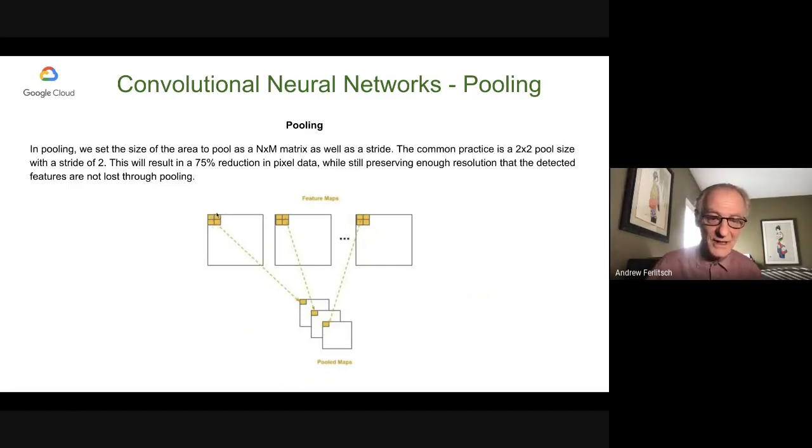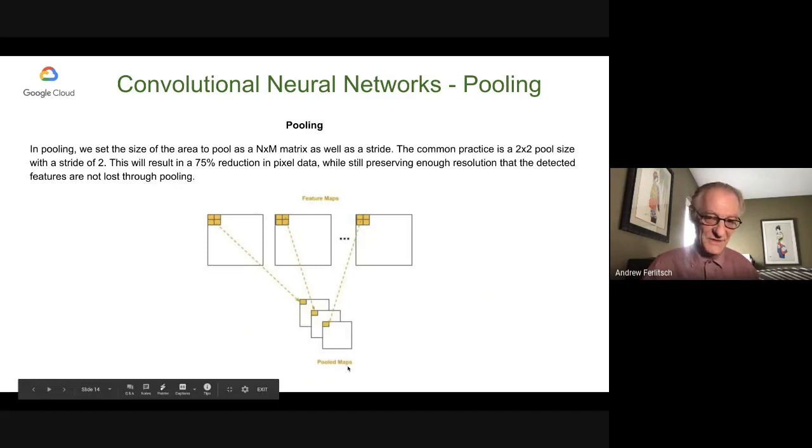At every location, we're going to look at the values inside here. Since this is a 2x2, we're going to be looking at 4 pixel values at a time in our feature map. In the case of max pooling, we're going to take the highest value of these 4, and we're going to put that value into the same identical location in what we call the pool maps.